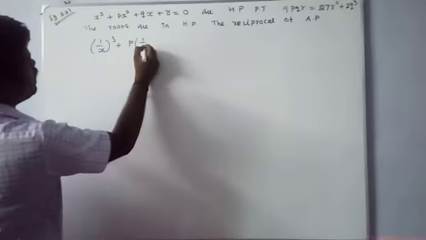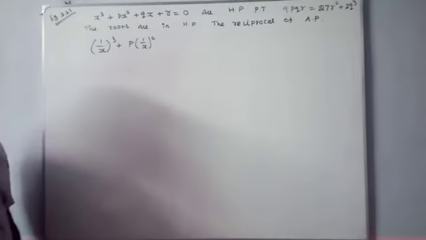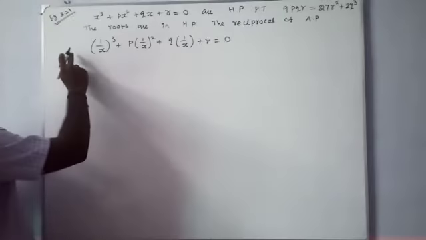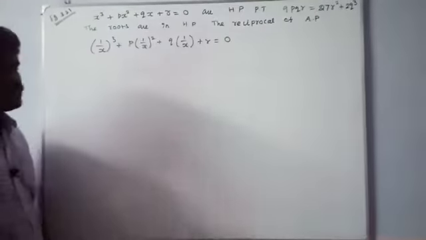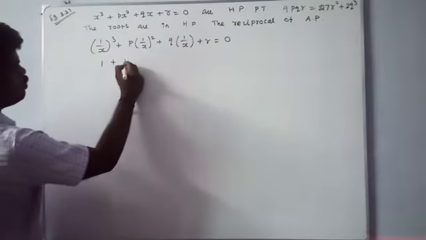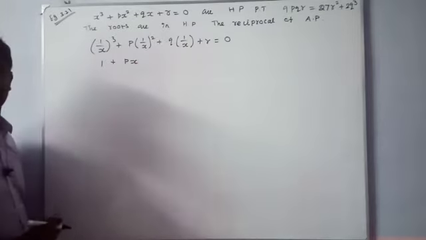1 by x whole cube plus p into 1 by x whole square plus q into 1 by x plus r is equal to 0. The equation can be changed. Multiply x cube on both sides. This term is 1, and this term is px.